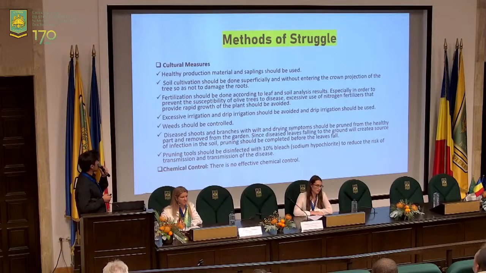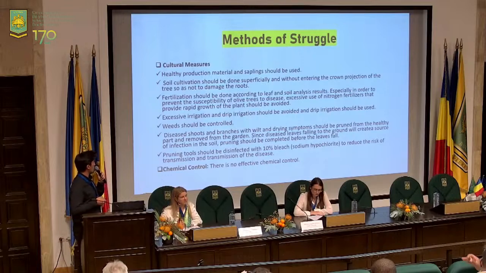Methods of struggle. Cultural methods, similar to those for fungal diseases. Healthy production material and saplings should be used. Fertilization should be done according to leaf and soil analysis. Weeds should be controlled. Chemical control: there is no effective chemical control.